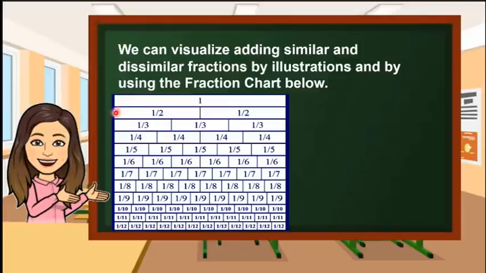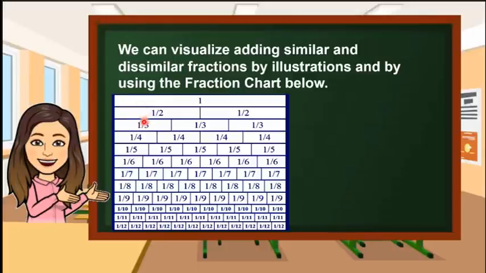But the whole of it is equivalent to 2 halves. Because if we add 1/2 plus 1/2, we will have 1 whole, or 2 halves, or is equivalent to 1.